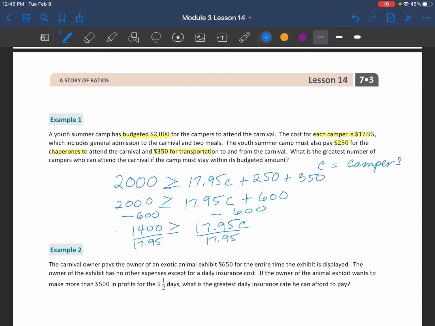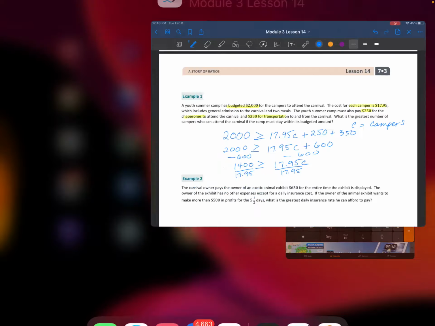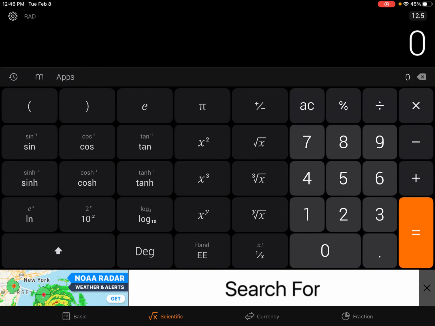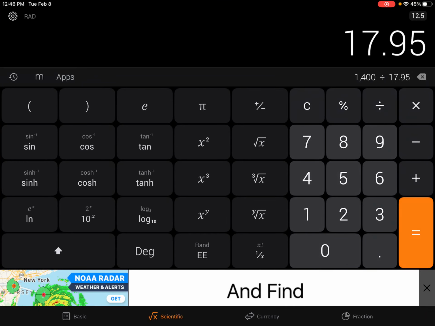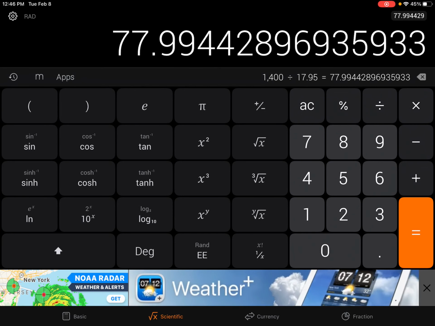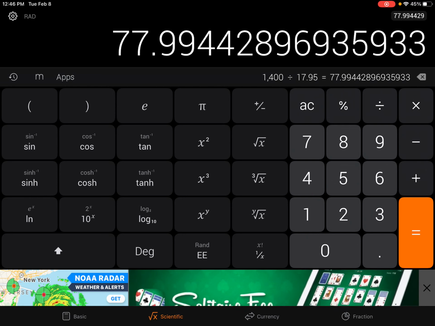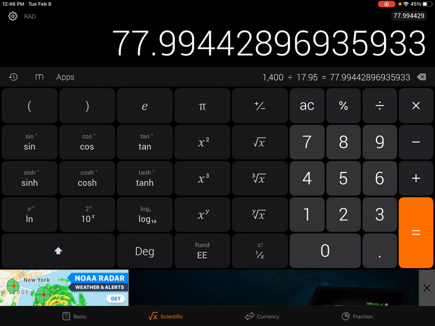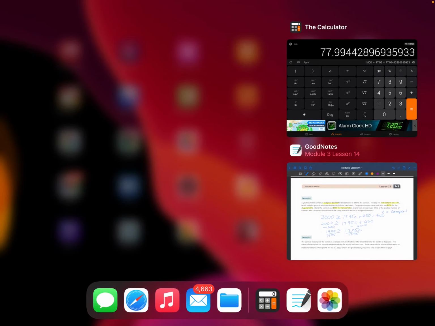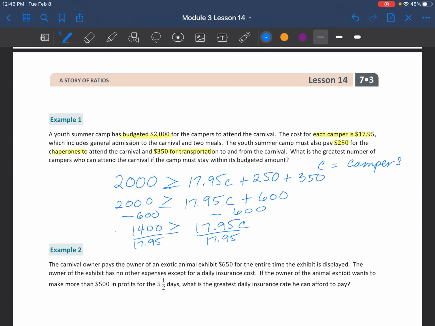We end up with 1,400 is greater than or equal to 17.95C. Then we need to divide both sides by 17.95. And let's go put that in the calculator. So 1,400 divided by 17.95. That gives us about 77, and we round that way because we're talking about money.